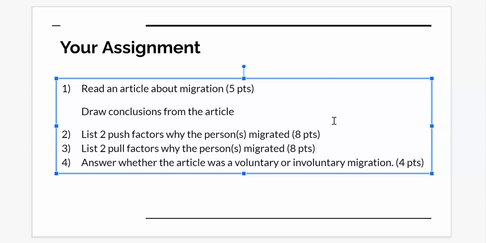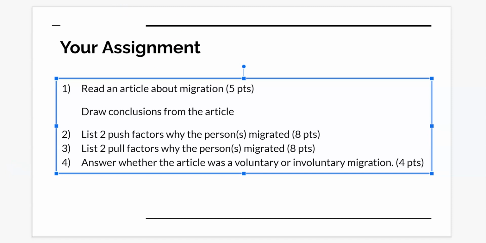Then you'll list two pull factors, why they want to come to a certain area. And then you will answer whether the article was voluntary or involuntary migration, okay? And you get points for each of these.